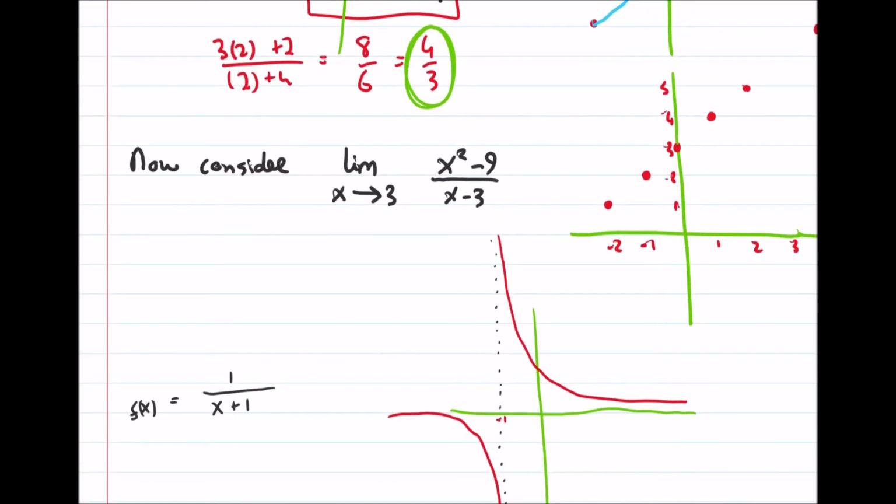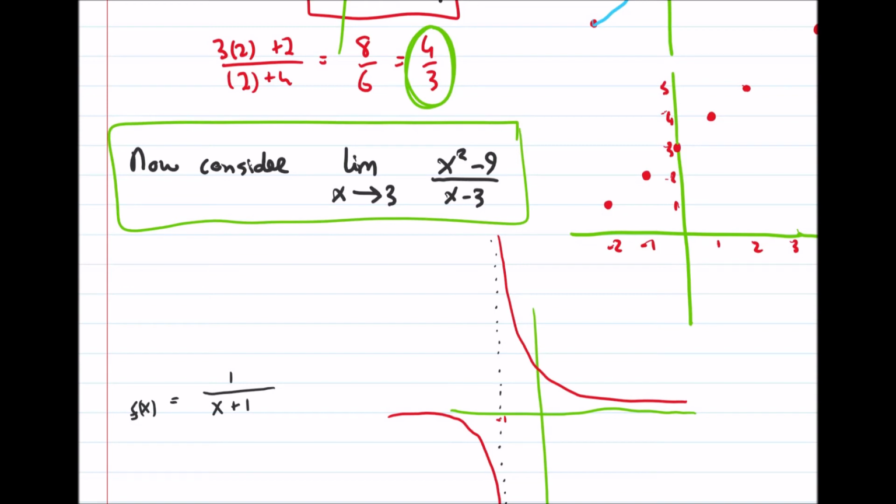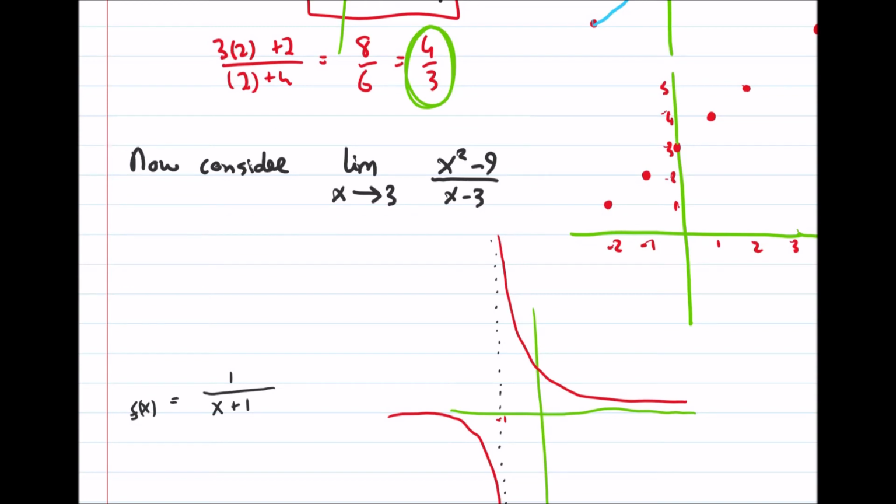Let's consider this one, however. Okay, so this function says find the limit of the function (x squared minus 9) over (x minus 3) when x approaches 3. So, as I said before, we'll put in 3 into the function.